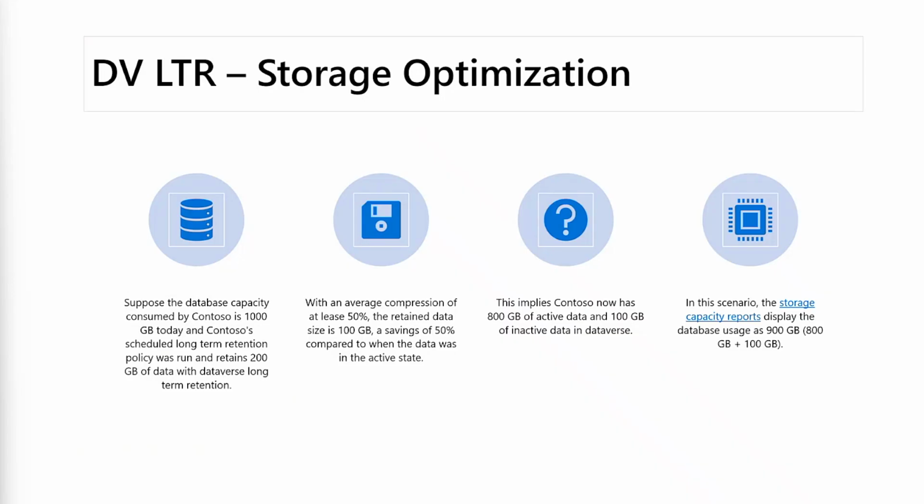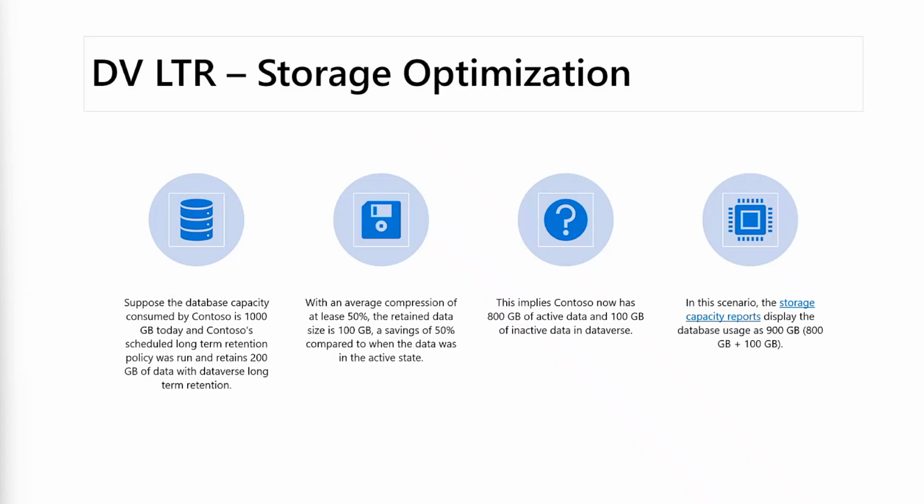Depending on your customization and data structure, this actual compressed volume can be more or less. But on average, we have seen the compression in the retained store gives us 50% or more savings. So when you move it to the cold storage, there will be a 50% saving, which will effectively reduce the 200 GB of data to 100 GB.